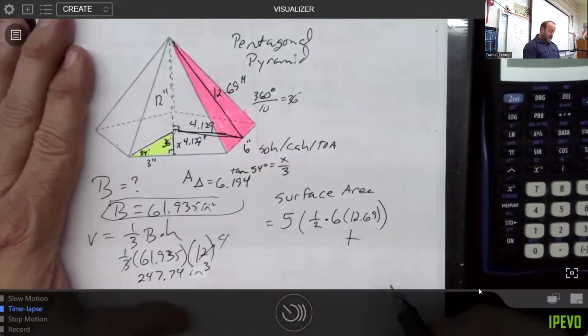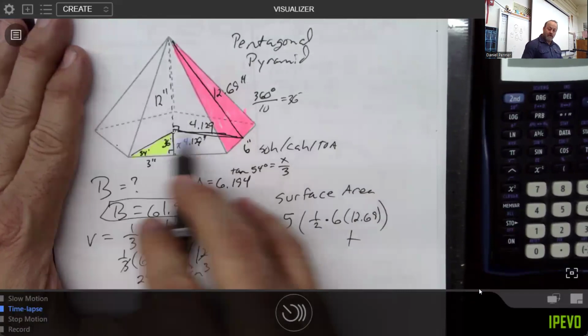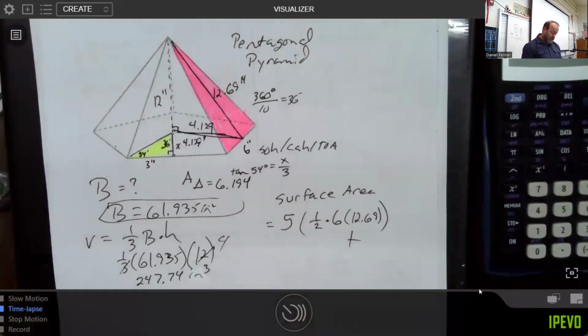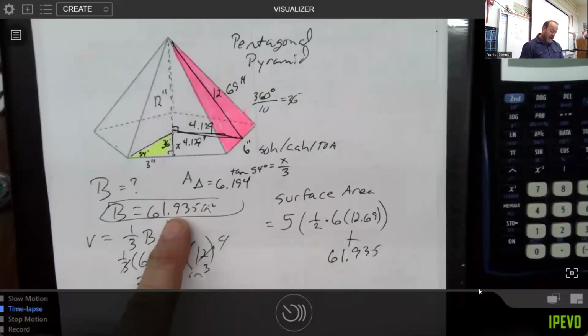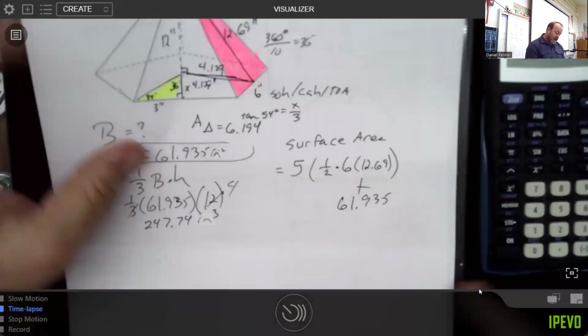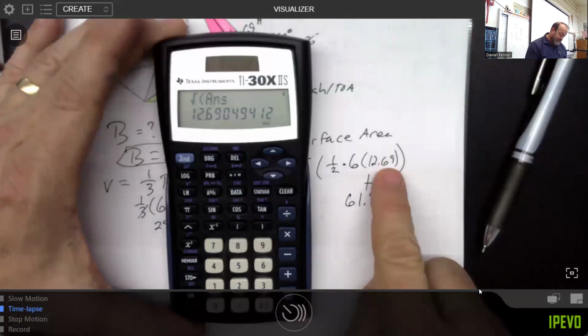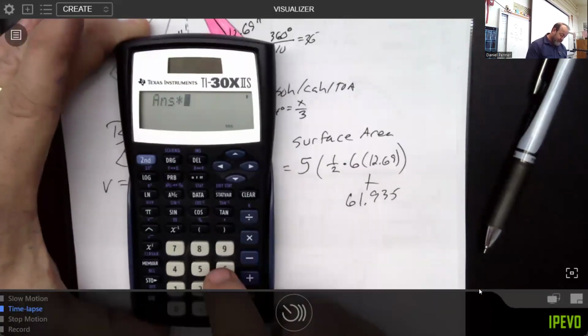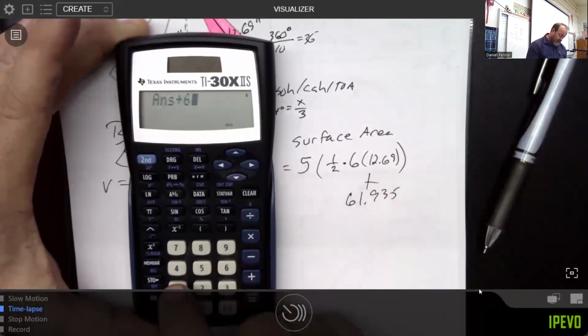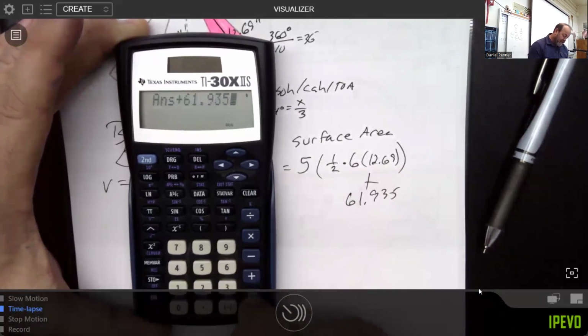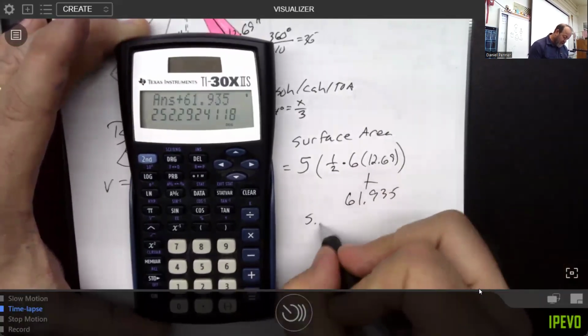And in addition to the lateral area, I also have the base, but I already figured that base out. So here we go. We're going to get 12.69 times 6 divided by 2 times 5 plus 61.935.